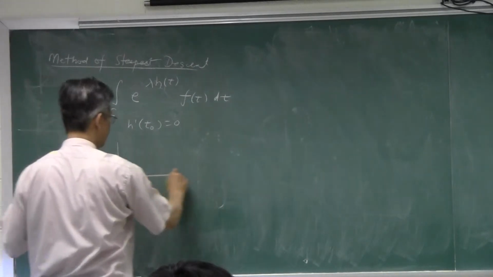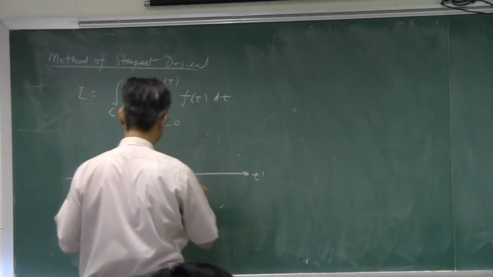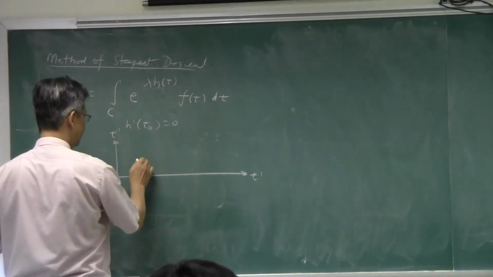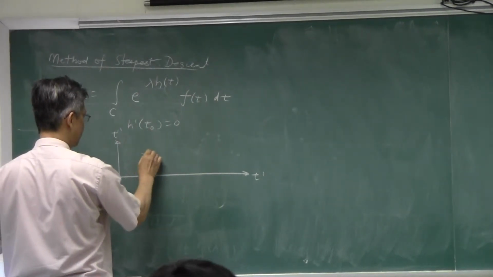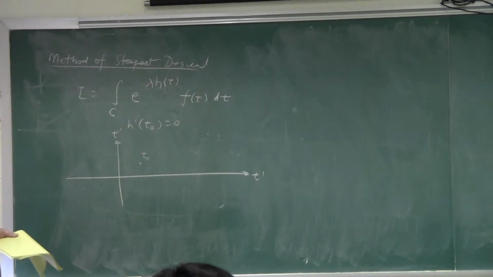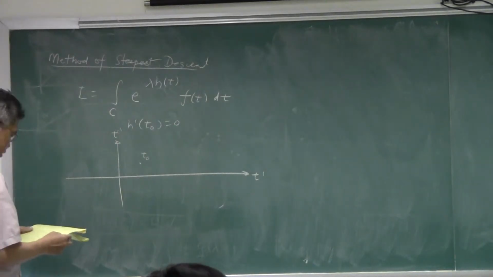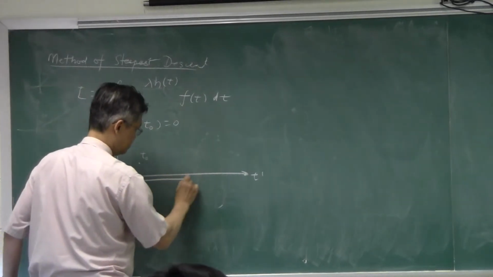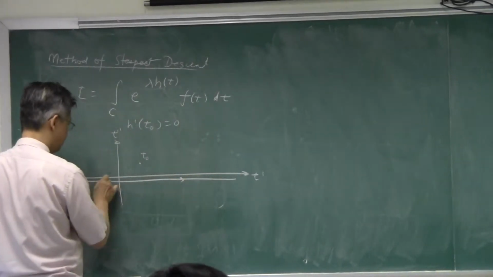And if I draw this picture over here, t prime may be something like this, t double prime may be something like this. And then let's assume that t naught is somewhere in the complex plane. Okay? That I'm integrating on some C axis or C contour.